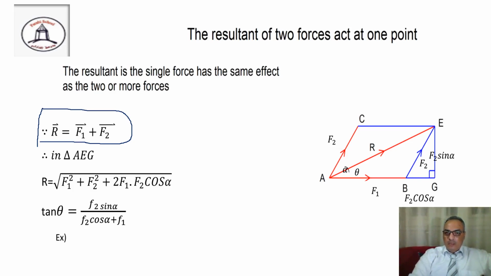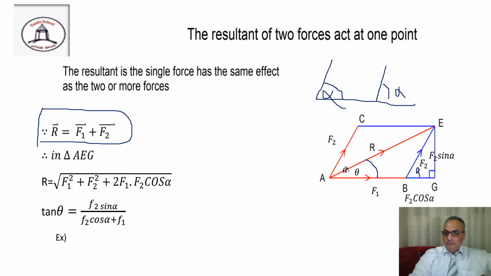Now, the angle between F1 and F2 is alpha, and the angle between R and F1 is theta. From the property of parallelism, this angle is alpha, equal by corresponding angles. So you can write alpha here.